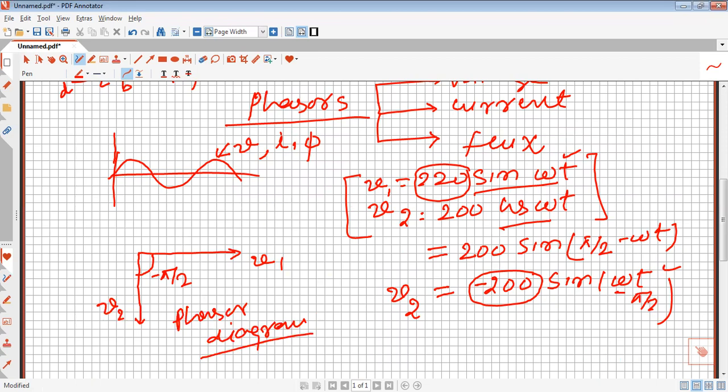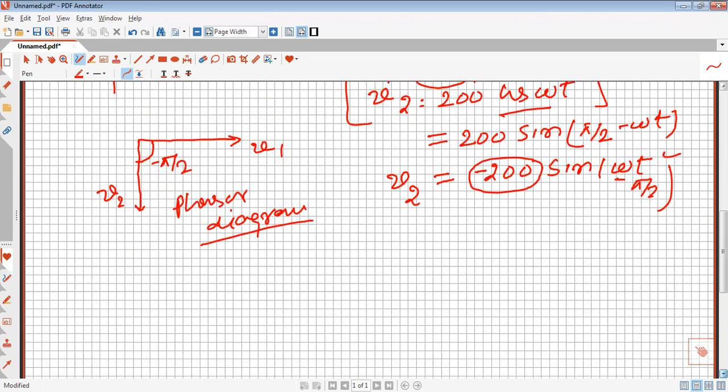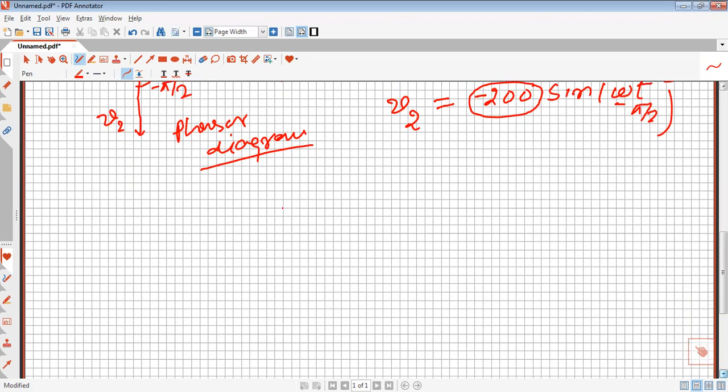Similarly, if a voltage is given as V equal to 220 sine omega t, this can also be written as 220 angle 0, because there is no angle here.